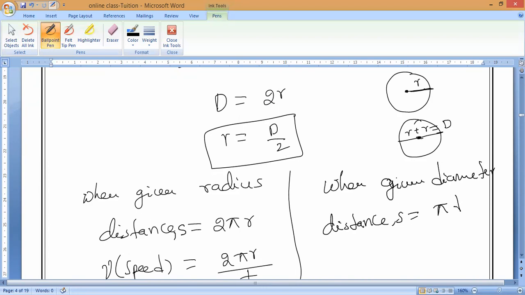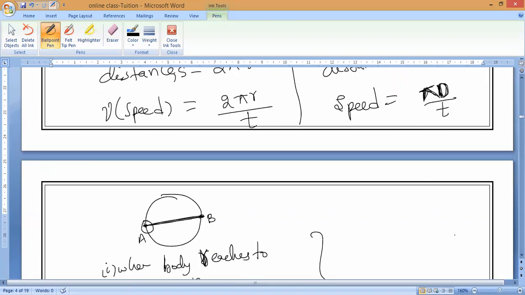Understand? Small d, not capital D. Pi d. Now, what is the speed of the body? Speed of the body is equal to pi d by time. That is what you have to remember.